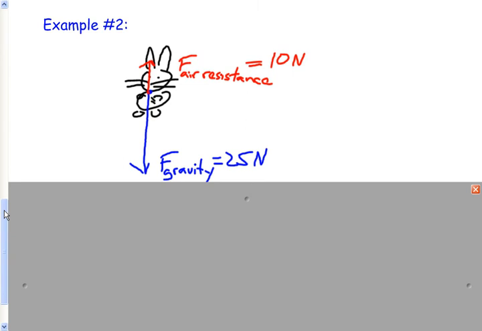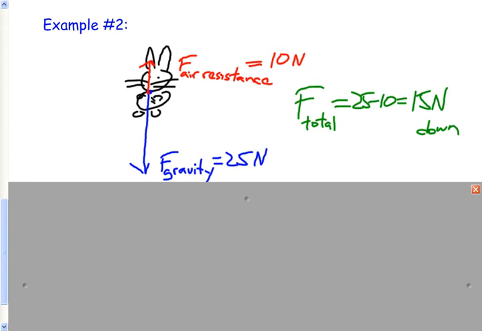So in this case, F total, because the two vectors we're considering are in the same line with each other, the math is pretty easy. It's going to be 25 minus 10, or 15 newtons. And since it's a vector, we can't really just give a number. We should also indicate the direction, and it's down.